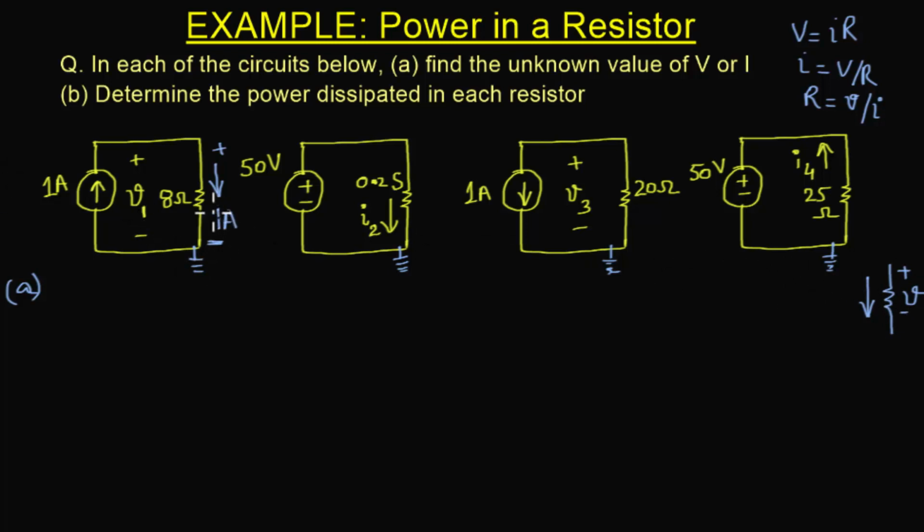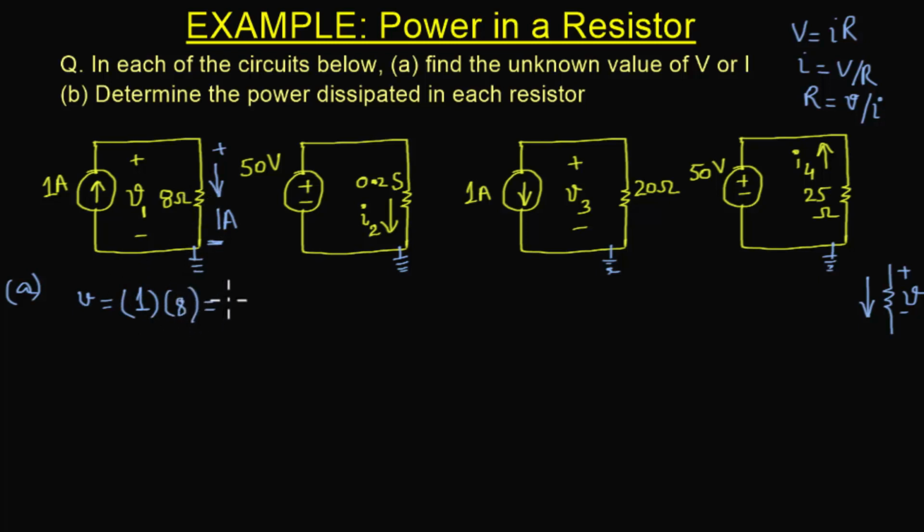Now we know the value for resistance and we know the value for its current. So can we use Ohm's law to find its voltage? Well, yes. We can simply put the value for current and the resistance into this equation. So voltage is equal to IR. So voltage for this resistor would be I, which is 1 ampere, times R, which is 8 ohms.